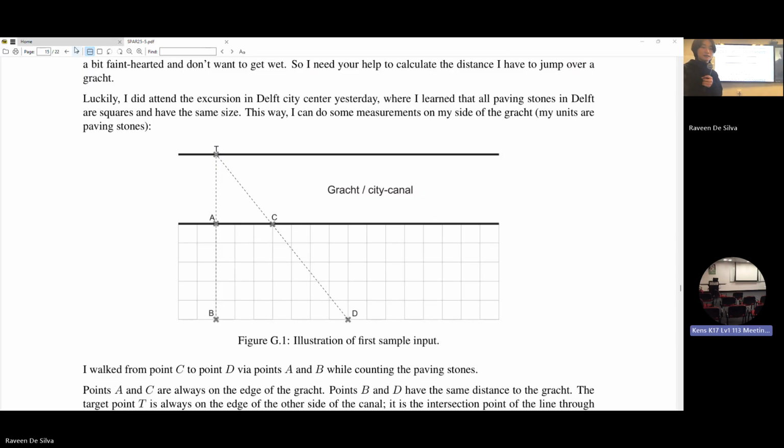Okay, so the problem statement is that you have A, B, A, C, and B, D, and you want to find AT.